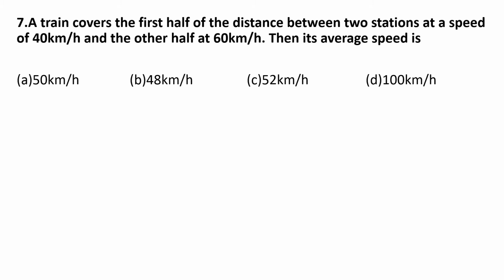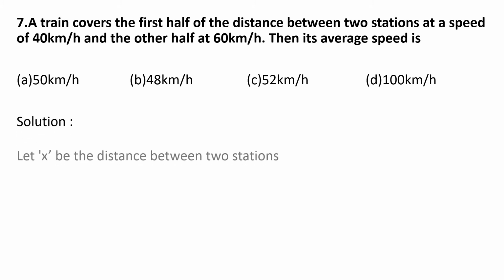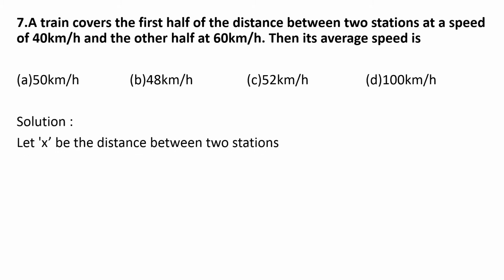You know the formula for average speed, that is total distance traveled divided by total time taken. Let x be the distance between two stations. Here the train covers the first half of the distance with the speed of 40 km per hour and the second half with the speed of 60 km per hour.